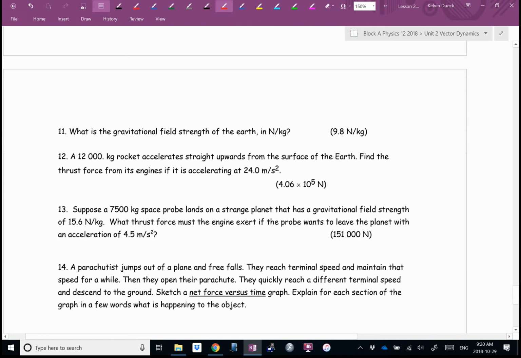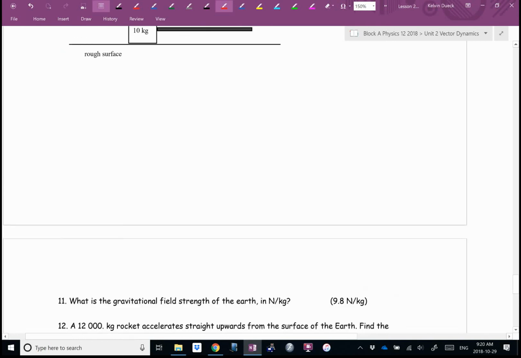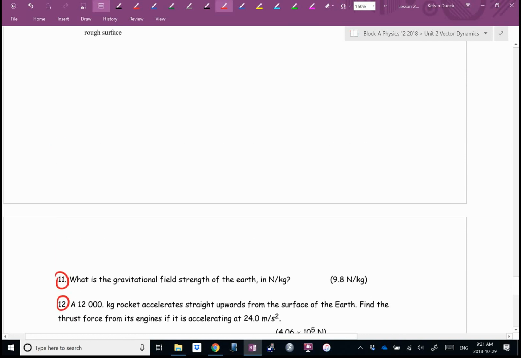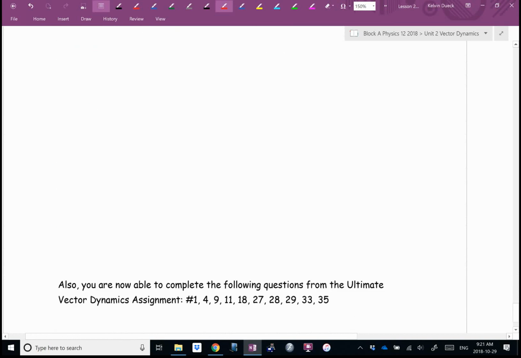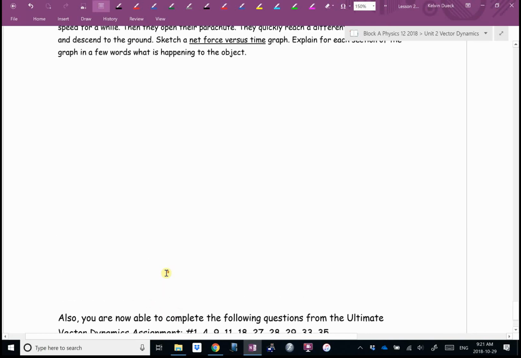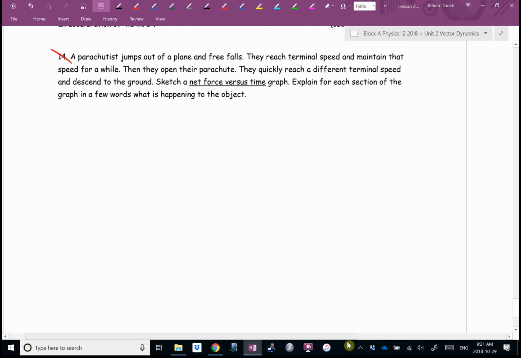Yeah, 10 is good. 11 is good. 12 and 13. Skip 14. And if you want to, you're now capable, from the ultimate vector dynamics assignment, of doing those questions there if you really want to. But we've been talking about free fall.